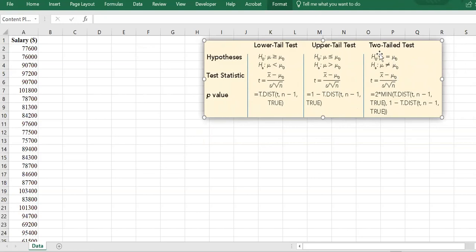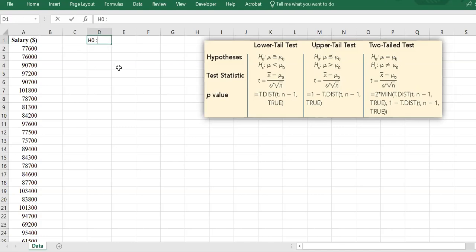This is a two-tailed type of test. We want to see if the population mean of administrators' salary in Ohio is different from the national average of 90,000. This is our research question. So I'm going to write down the hypotheses.